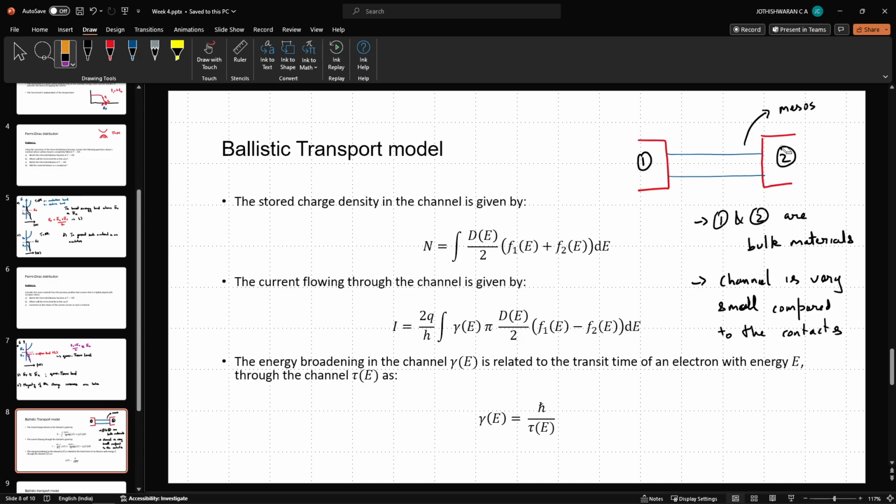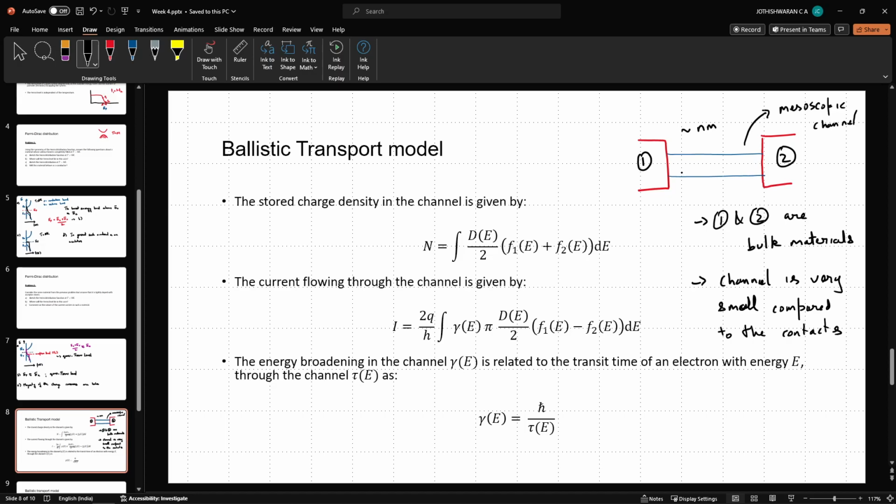It is smaller than a microscopic object. So the length of this channel here is not of the order of micrometers, it is of the order of nanometers. So it is much smaller than a microscopic channel. This is a mesoscopic channel and the length is of the order of nanometers.